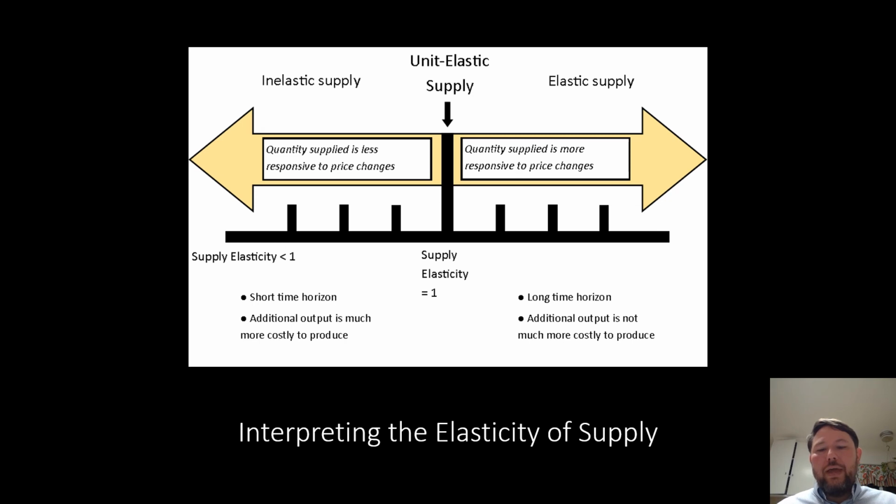And if the additional output is not much more costly to produce, we find that supply is elastic. And then right in the middle, unit elastic supply, where the percent change in quantity supplied is the same as the percent change in price. That's kind of our buffer zone there.